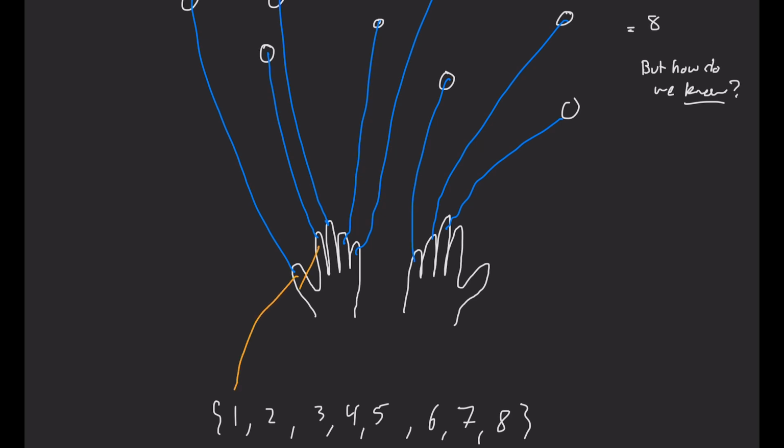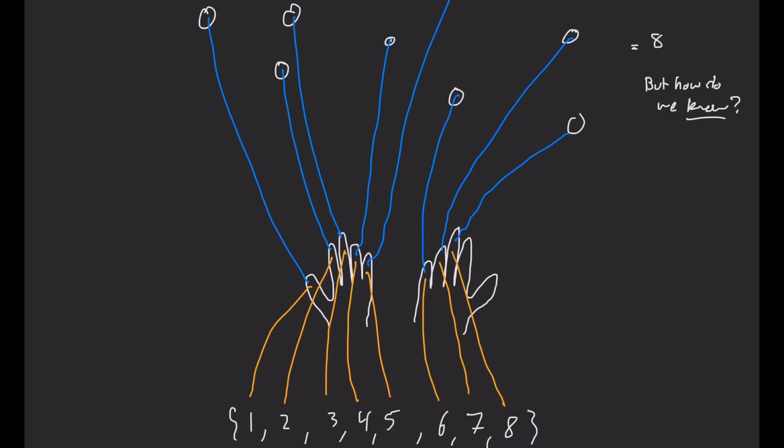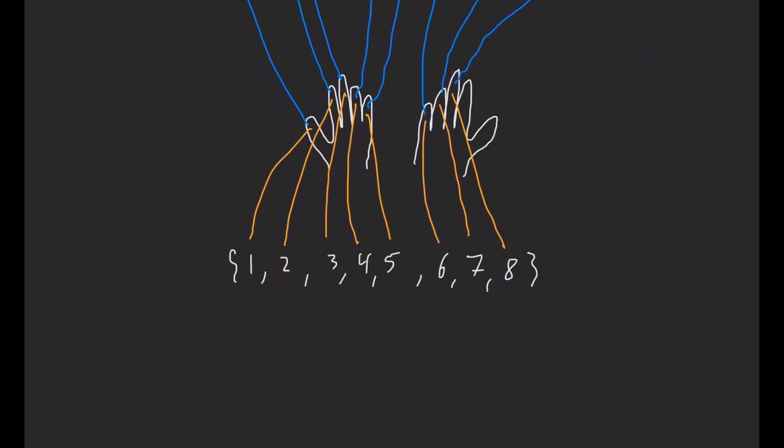in which case we got an indirect association between objects and numbers. And because we got to 8 when we did this association, we concluded that there are 8 objects. So mathematically, I want to digest this.